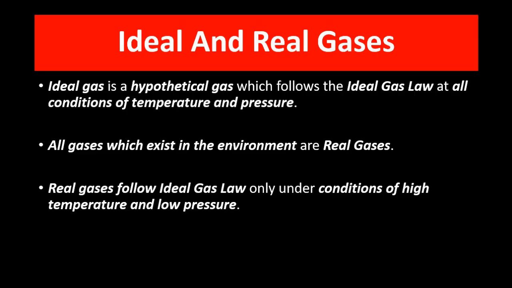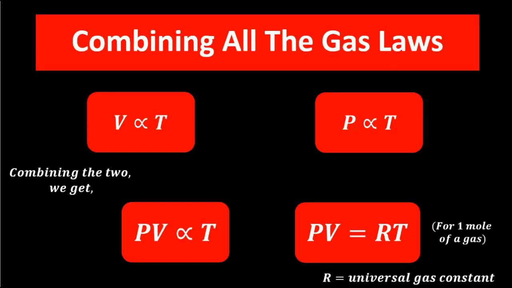So we have the different gas laws. Pressure is inversely proportional to volume. Volume is directly proportional to temperature, and pressure is directly proportional to temperature. Now if we combine all of them, we get that the product of pressure and volume is directly proportional to temperature.